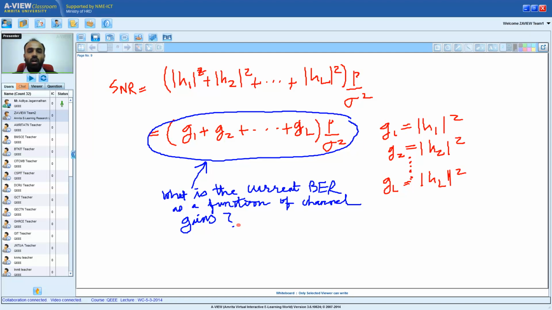Q under root of SNR. Very good, very good. Several colleges have replied, Q under root of SNR.